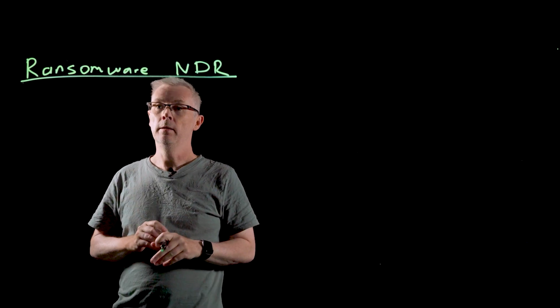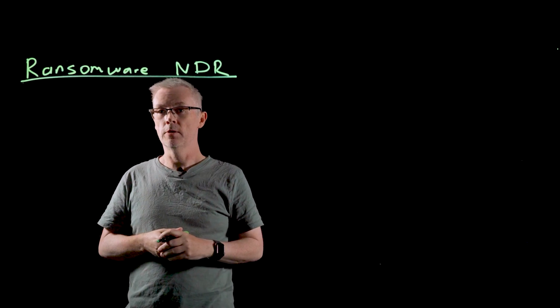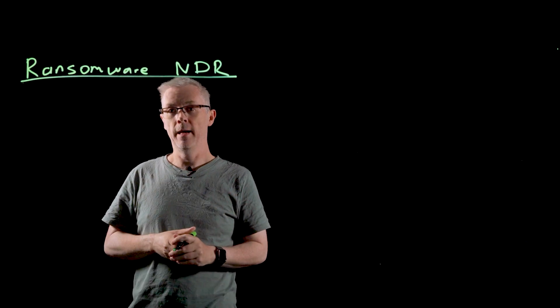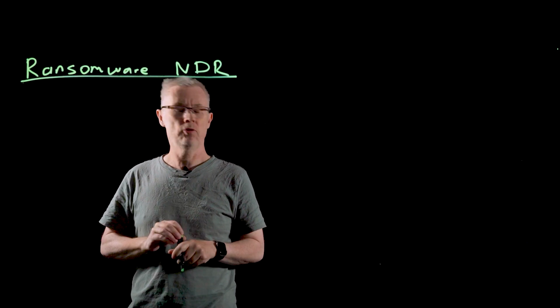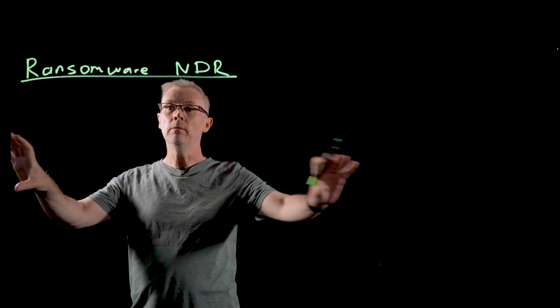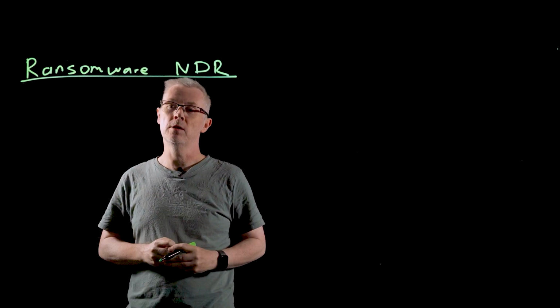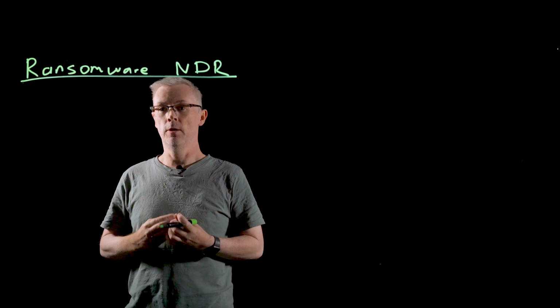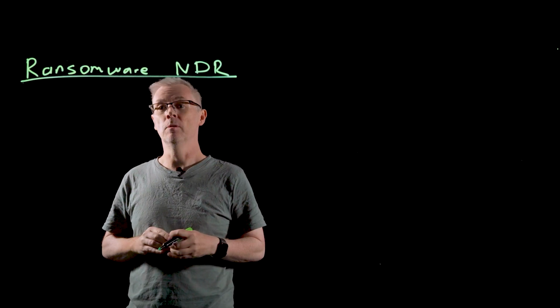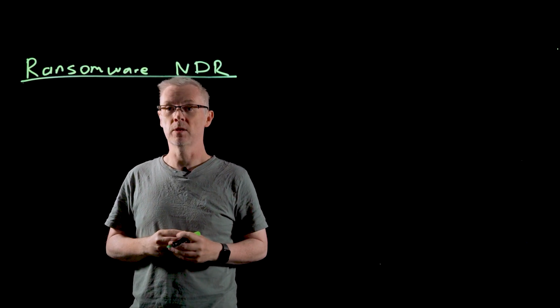Ransomware operators use a number of techniques that show up like big red flags on a network, which allow us to catch them. I'm going to draw out a typical ransomware attack and show you the key points that we can use, as an NDR vendor, to catch them and help you get them out of your networks early.